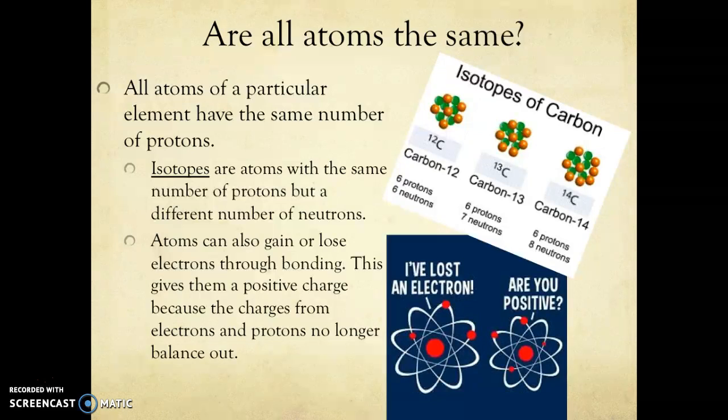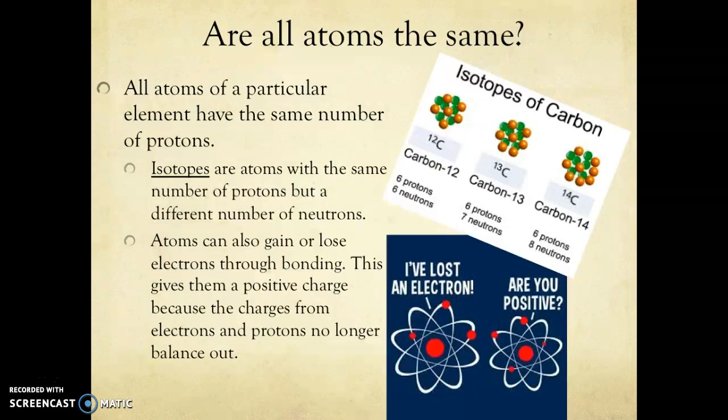Now, in a regular atom, it is usually the same number, but there are different versions of it that don't have that same number, and in the picture off to the side you can see there's a few different isotopes of carbon. Many elements have isotopes. I don't believe all of them do, or at least not naturally occurring, but many of them do.